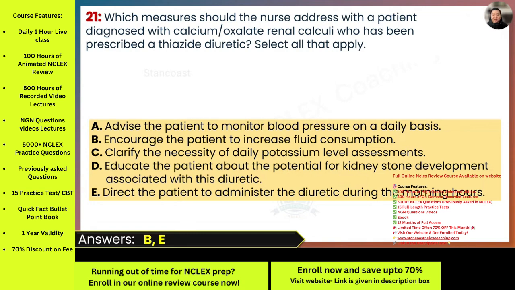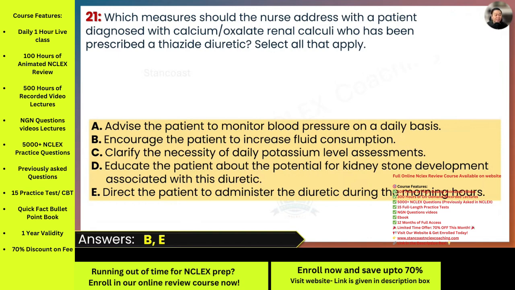And with thiazides, this can also lower the potassium levels, but daily monitoring is usually not required unless the patient has additional risk factors, such as renal impairment or taking other medications that also affect the potassium. And so, again, the clue in this option is daily potassium level assessment, which is unnecessary for most patients taking thiazide diuretics.